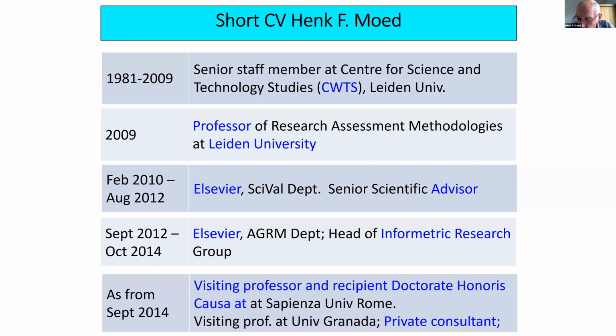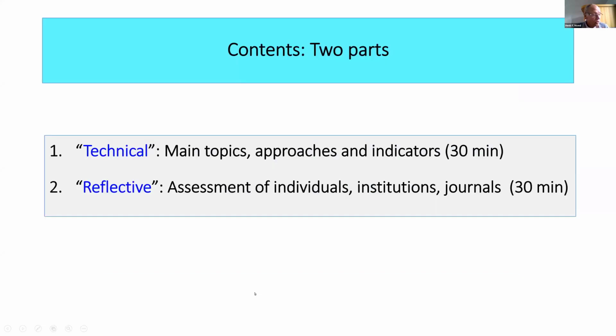I'm doing a lot of work jointly with the SciMago research group. I'm sure many of you will have heard about him. So this is all about me. And in my talk, I would like to subdivide the talk into two parts.